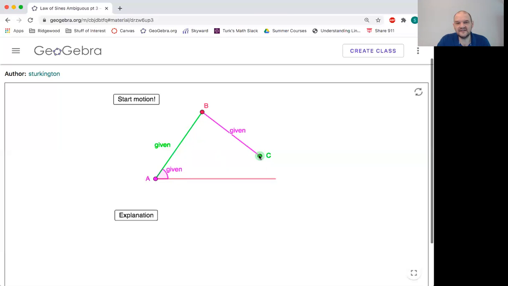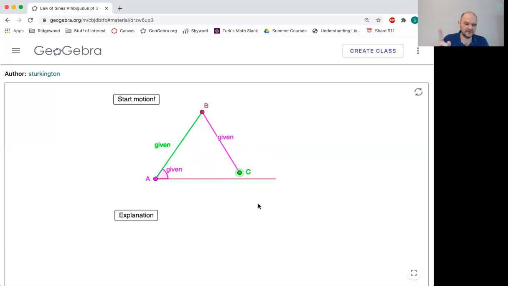After you calculate the height, you see, is the side opposite the given angle bigger than the height? If it's bigger than the height and less than the other given side, you have 2 triangles. If it's smaller than the height, you have no triangles. So the thought process, and it's in the notes, is: is the side opposite bigger than the other given side?